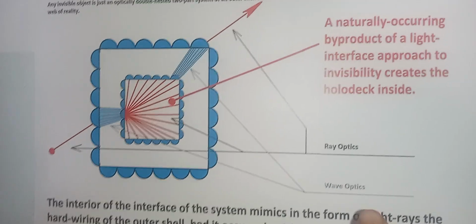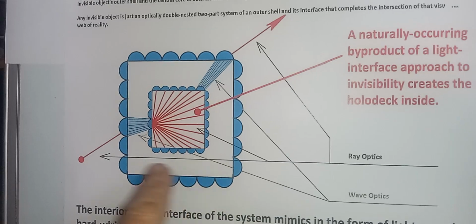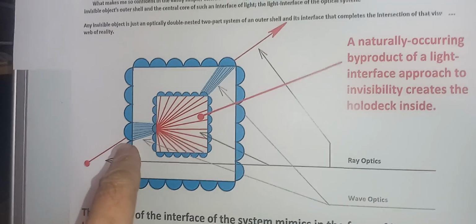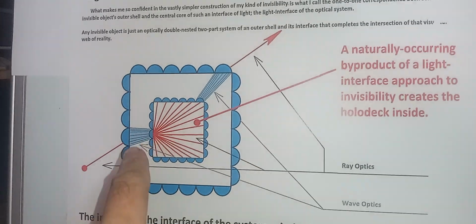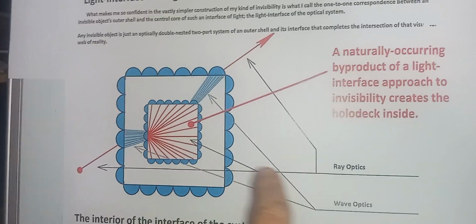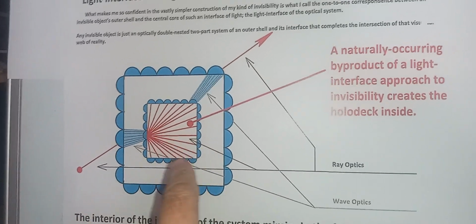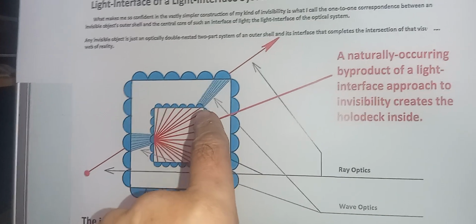You have wave optics and you have ray optics. The ray optics starts it all from the outside. It comes in through the geometric ray optics. As it makes its way through the medium, it becomes wave optics. As it goes into the interface, the light interface core itself, the holodeck, it becomes ray optics again, geometric ray optics.